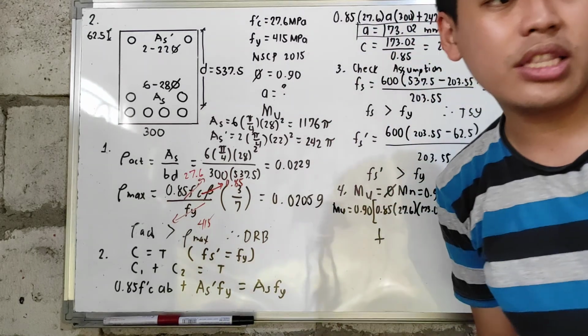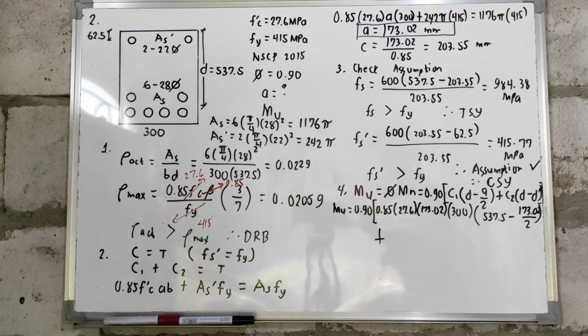Plus our compression steel bars, which is the C sub 2.